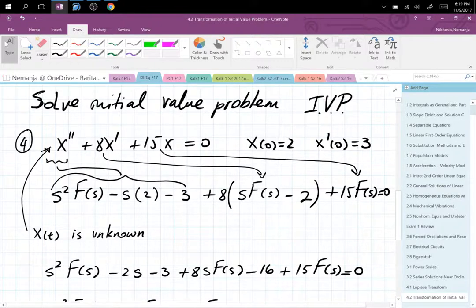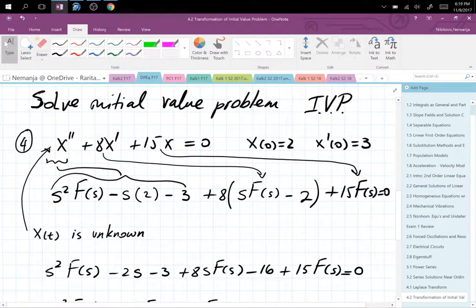What I'm writing on the board is that Laplace transform of f of t is F of s, which means that f of t is the solution in the time domain, in the world that your problem is given in.